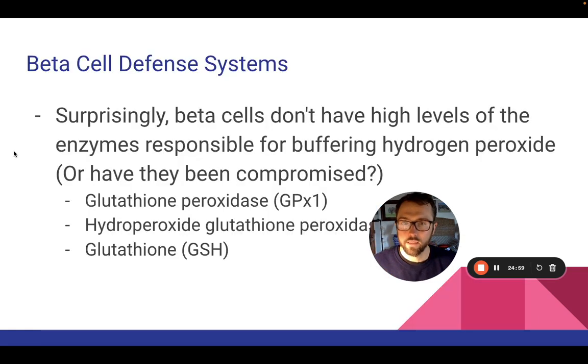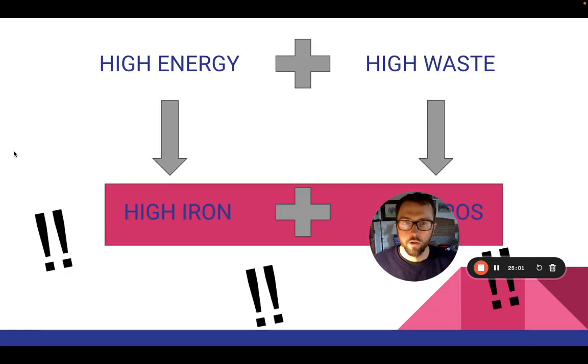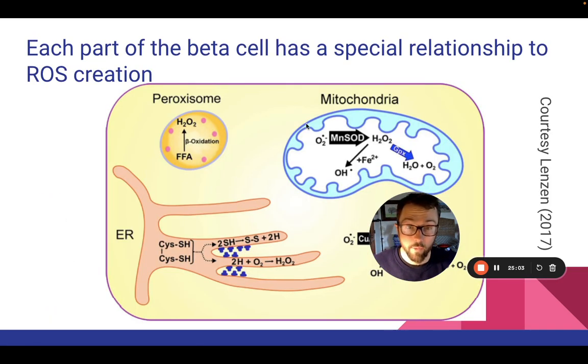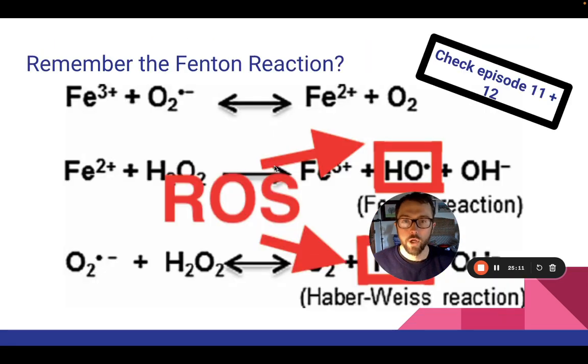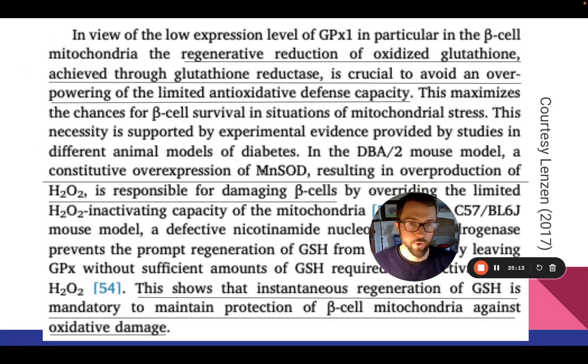So let's take a second here. Do you remember this guy right here in the mitochondria? Superoxide, manganese SOD, turns it into hydrogen peroxide. So this one particular paper, or this one particular reference here, is saying that they made a mitochondria in a diabetic mouse that made too much hydrogen peroxide.